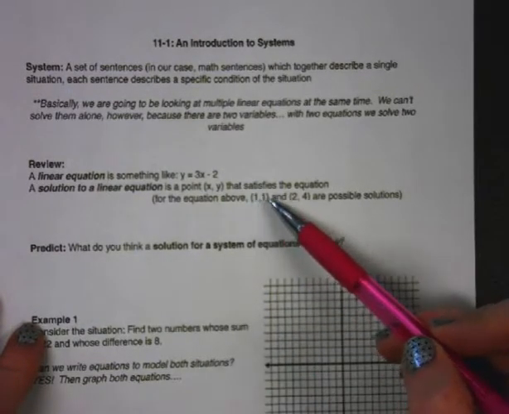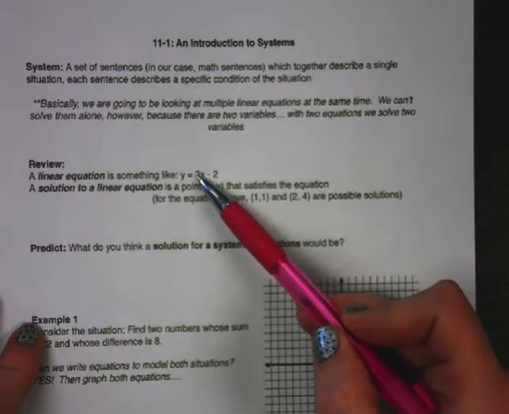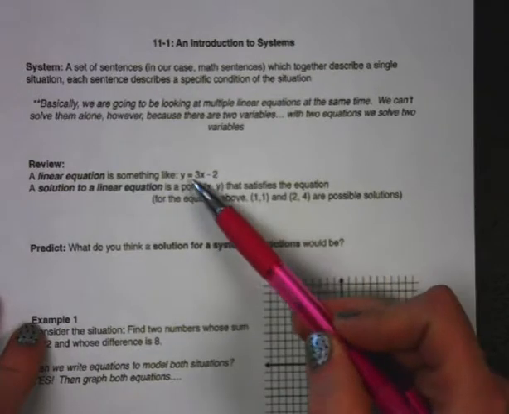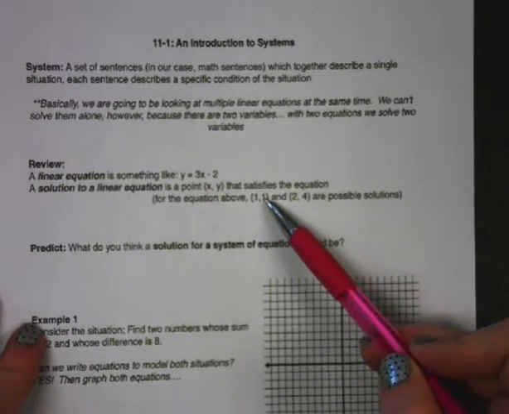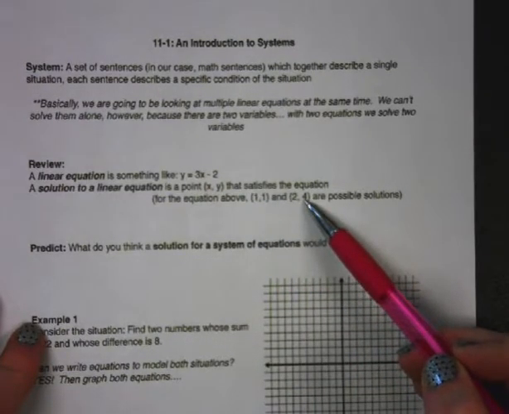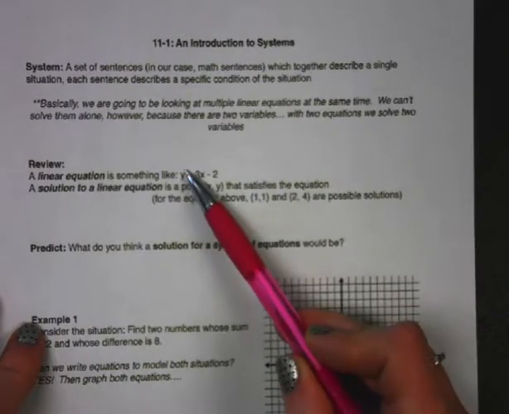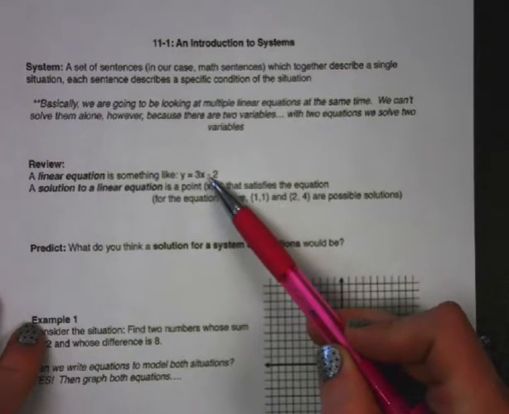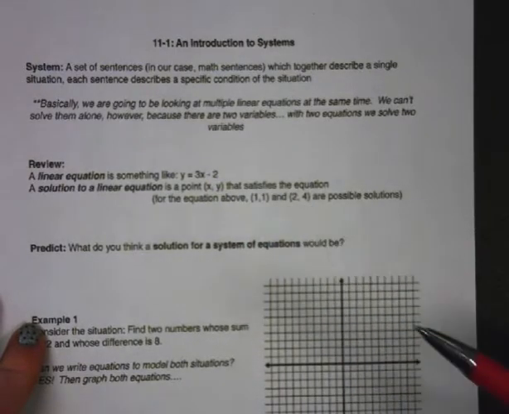So for instance, (1, 1). If we plug in 1, 3 times 1 minus 2, 3 minus 2 is 1. And we're saying y is 1. Yes. Likewise, (2, 4). Graphically, if we were to graph this line, these 2 points would also land exactly on this line. There's more than these 2 solutions, of course.